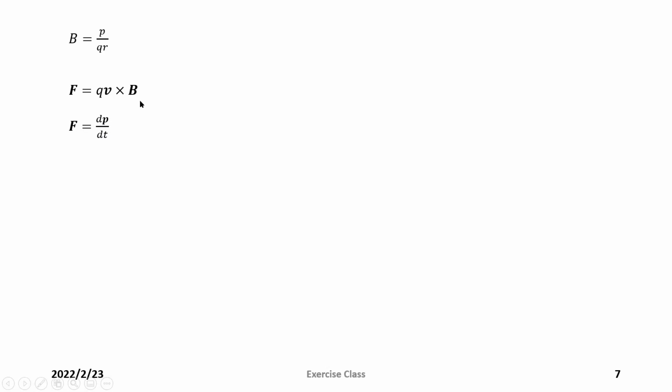But note that these two equations can only work in the laboratory frame because they are not written in four-vector form. But it's enough for us because we are working in the laboratory frame. So these are the two equations that are also valid in special relativity.